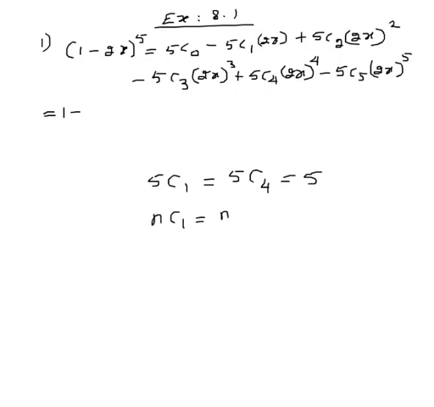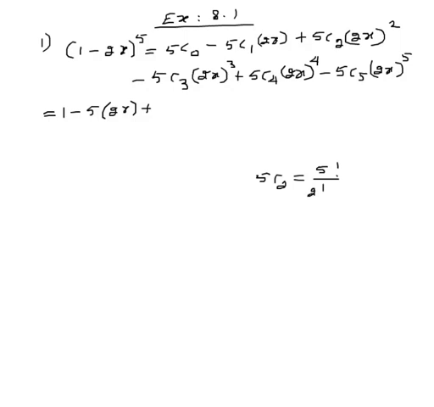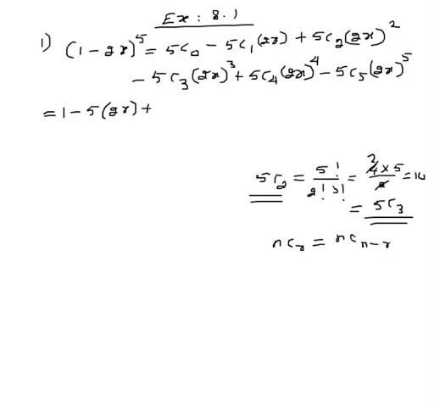In general, nC1 and nCn minus 1 are equal and they are n. 5 into 2x, plus 5C2. 5C2 is 5 factorial divided by 2 factorial into 3 factorial. If we cancel 3 factorial, we get 4 times 5 divided by 2, which is 10. And this will be equal to 5C3. 5C2 and 5C3 are equal because nCr is equal to nCn minus r.